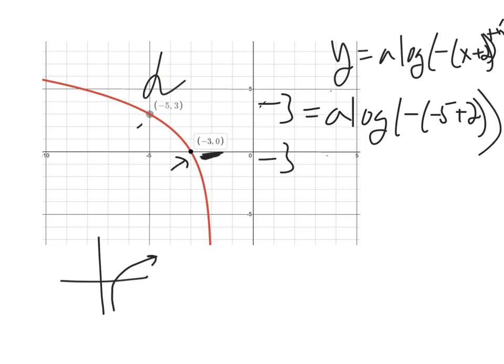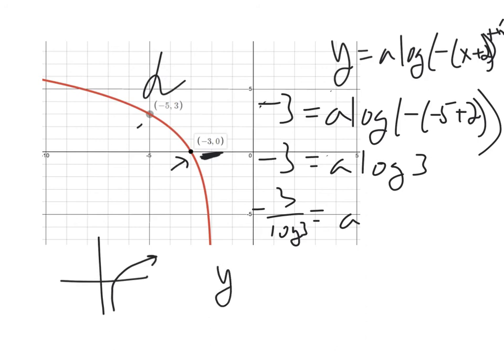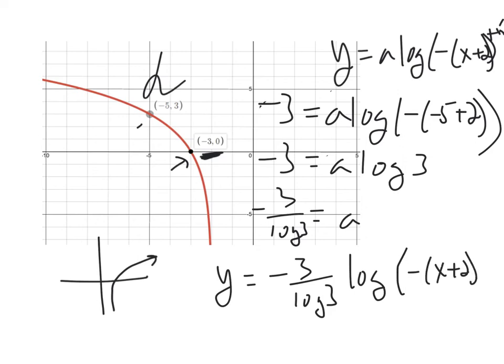So it's negative 3 equals a times the log of, well, negative 5 plus 2 is negative 3. We change the sign. So a equals negative 3 over the log of 3. So I could write y equals negative 3 over the log of 3 times the log of negative x plus 2.